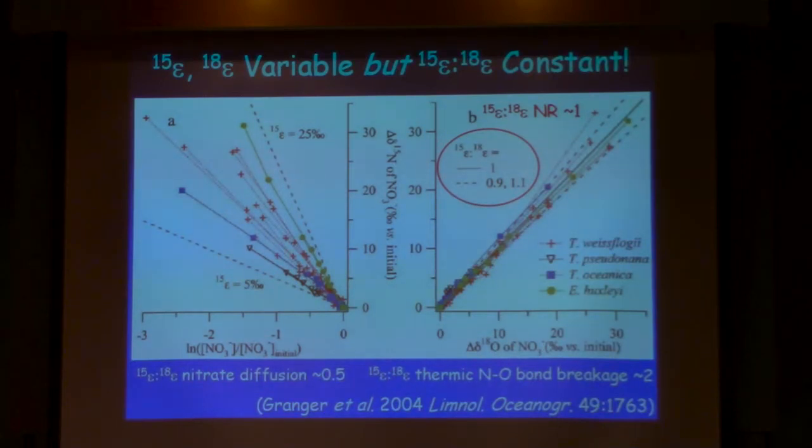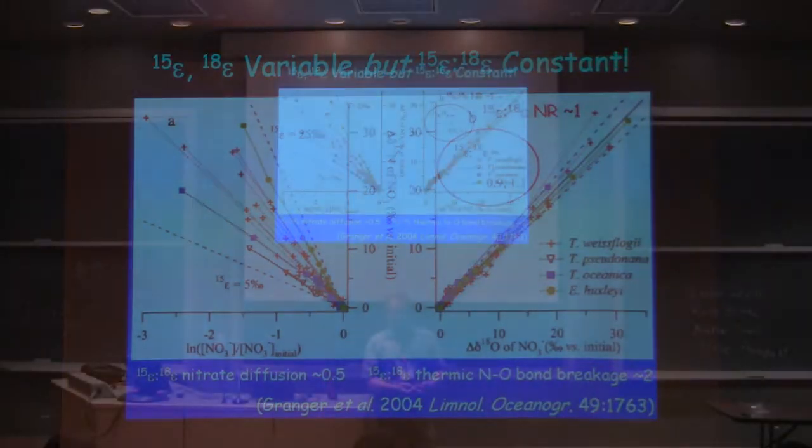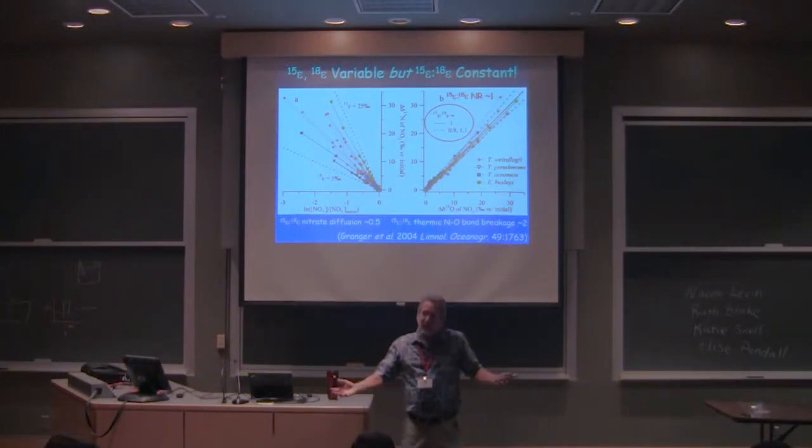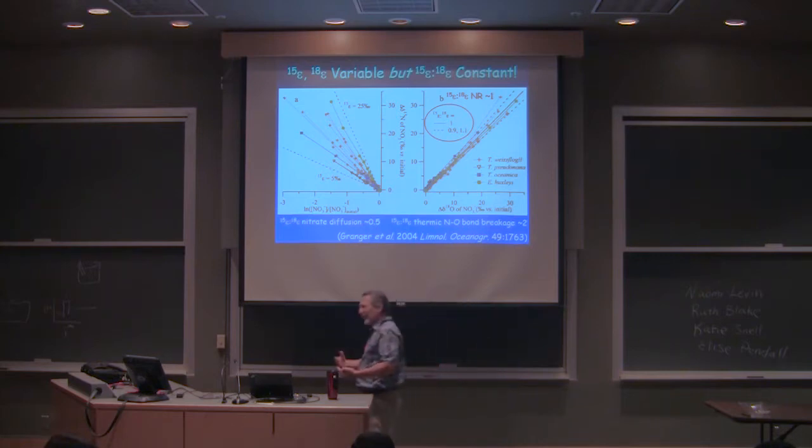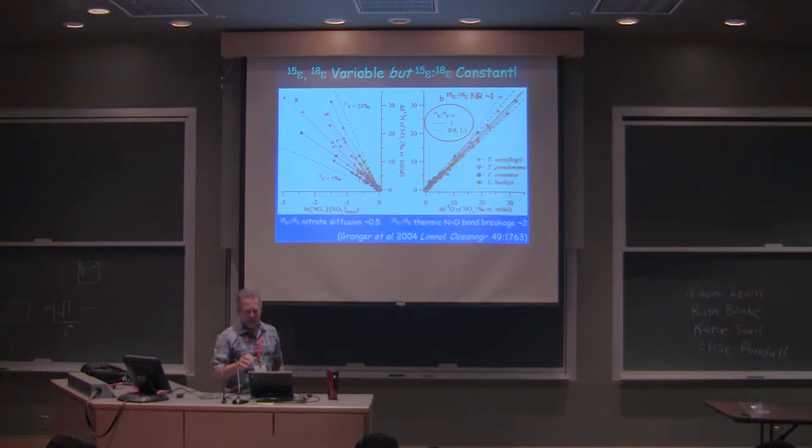So what is dominating the isotopic fractionation associated with nitrate assimilation is nitrate reduction in the cell. The analogy is Rubisco. So it's kind of the same analogy. Flux in, flux out, and one big fractionation. And that's the association of inorganic nitrogen being turned into organic nitrogen.